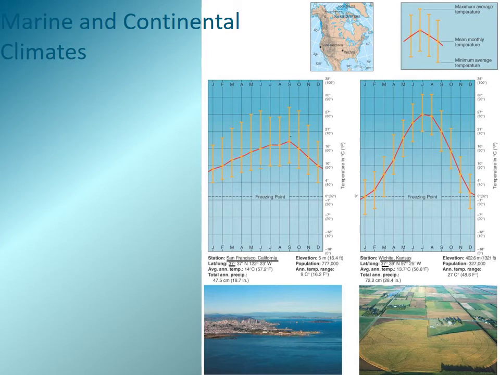As you can guess, the summertime temperatures in San Francisco are much cooler than in Wichita. However, the wintertime temperatures of San Francisco are warmer than those of Wichita. So Wichita has a much larger difference in temperatures between summer and winter, especially compared to a coastal city like San Francisco.